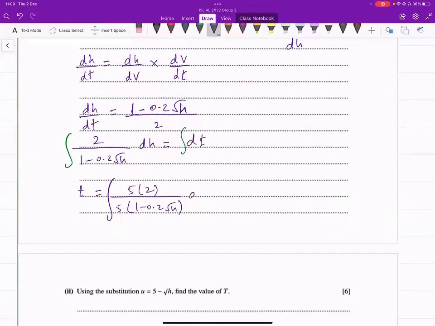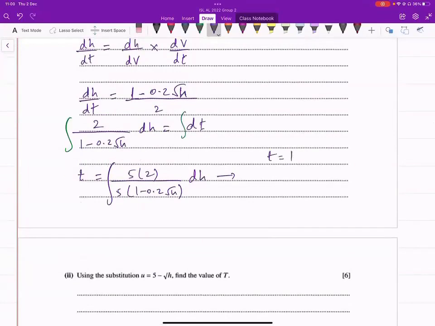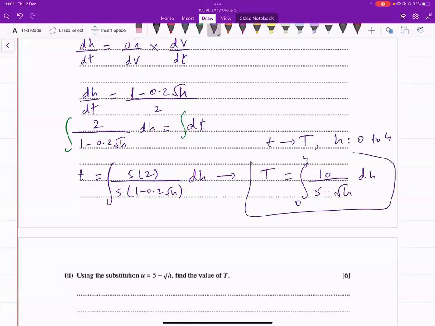Let's say हमारे पास ये dh है. अब हम जब इनपुट करेंगे, टाइम को h इनपुट कर देंगे और नॉट टाइम को हम c इनपुट कर देंगे और हाइट जो है वो 0 to 4 जा रही है. ठीक है. So small t की जगह we got capital T and it's going from 10 over 5 minus square root of h dh. Limits are from 0 to 4 and that's your proof for the first part.